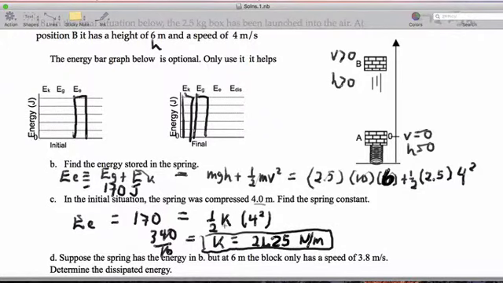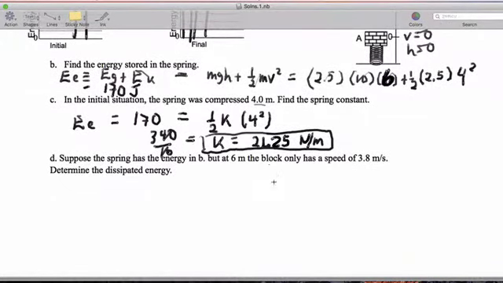And then for the very last part here, we have the spring dissipating some energy, and it only has this speed at the end. We're going to determine that dissipated energy in the following manner.